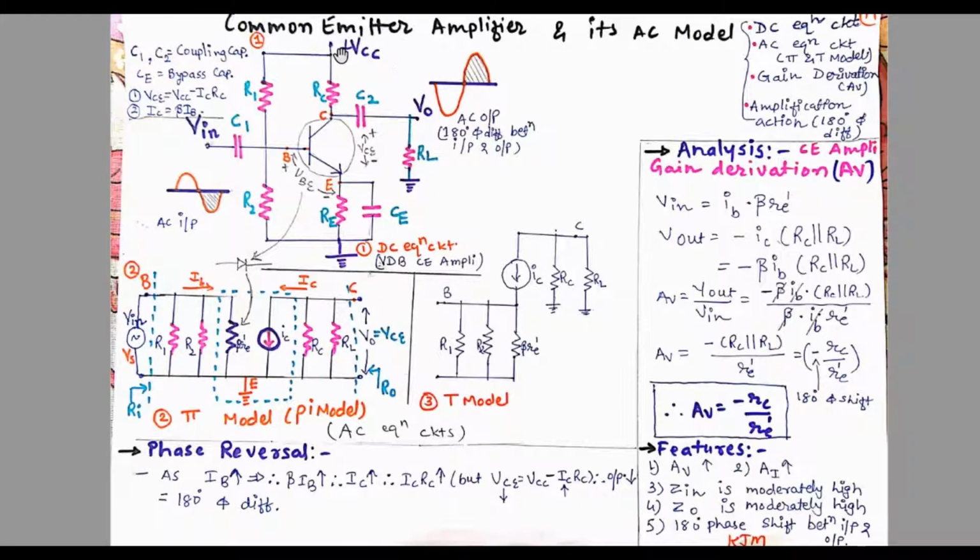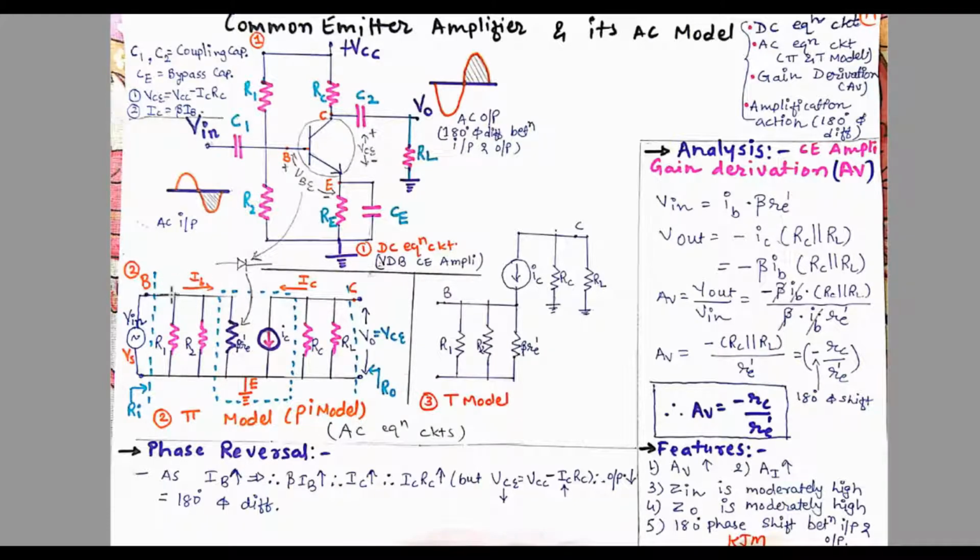Then no need to draw the plus VCC, C1, C2, CE. First of all we will draw this ground line and then we will make this left hand side loop and this right hand side loop through the two terminals, base and collector.